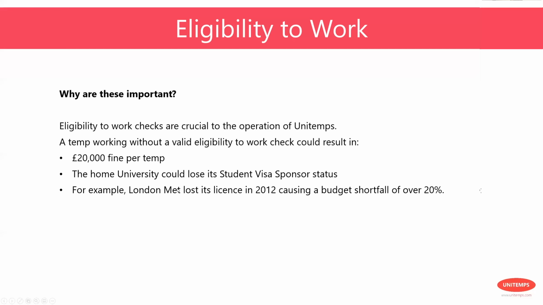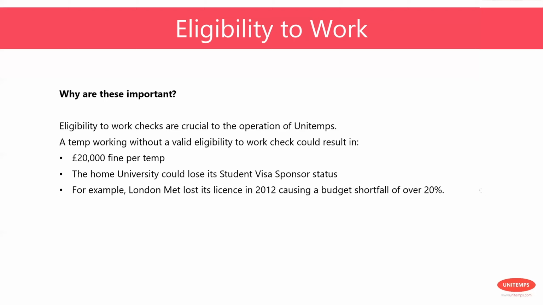So in 2012, which I know is a little while ago, but that was the start of the government crackdown on it, the London Met lost its license. That caused a budget shortfall for the university of 20%. So their income for that year dropped 20% in lost student fees and lost funding opportunities and things like that.